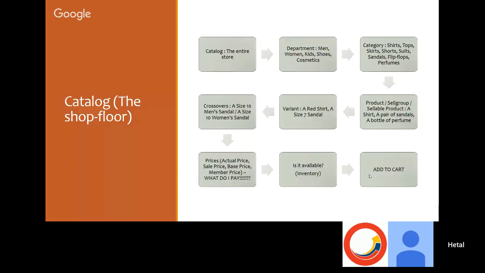All those variances you would need to handle in an e-commerce website, and that's called a variant or a variant product in the e-commerce world. So when you buy a red shirt of, say, size medium, it's a product that you are buying with that variance.